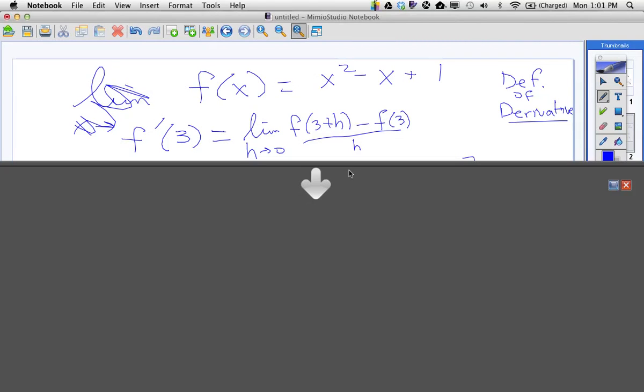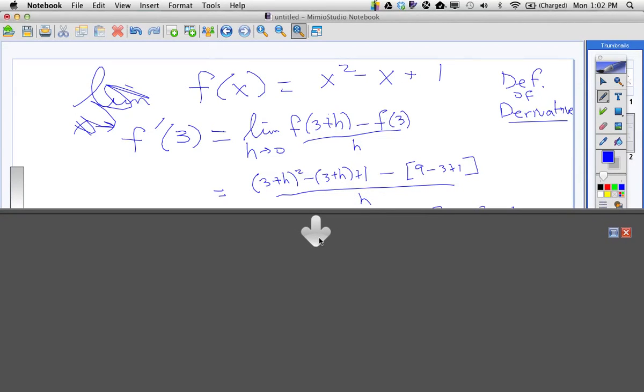Okay, so here's your setup, right? I always like to write the f notation first. So f of 3 plus h means what? f of 3 plus h means put 3 plus h there and there, right? So put 3 plus h in for the x and then put 3 in for the x, right? So the next line should look like that.